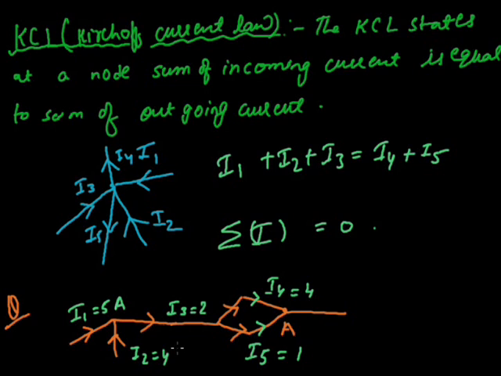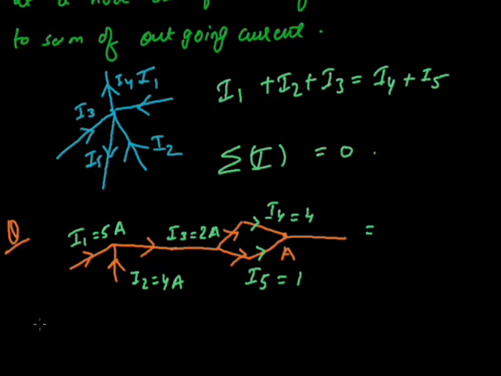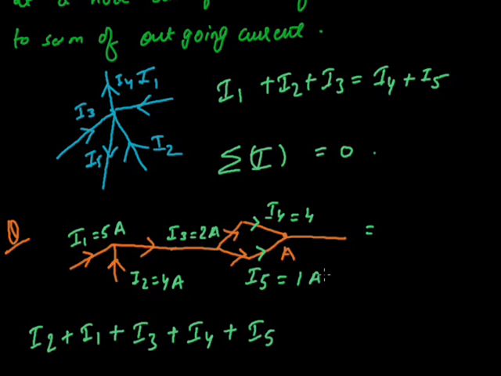These are all the currents which are given to you, and now you have to find the current at node A. As we know, I3 is a combination of I2 plus I1, and now further we will add I3 plus I4 plus I5, and this will give you 5 plus 4 plus 2 plus 4 plus 1.